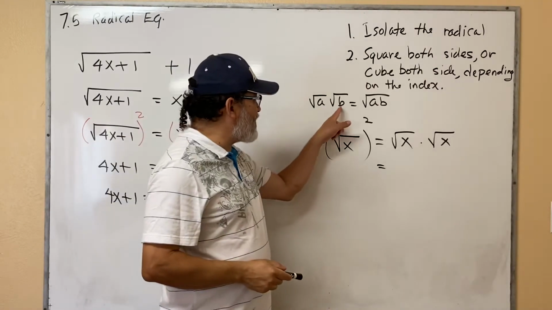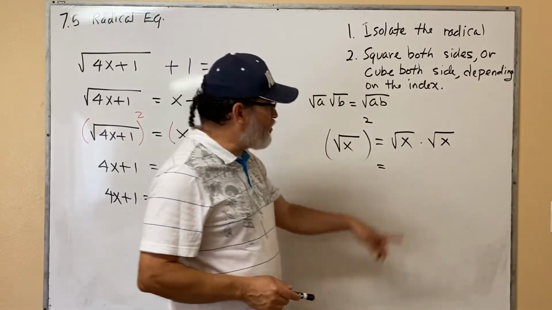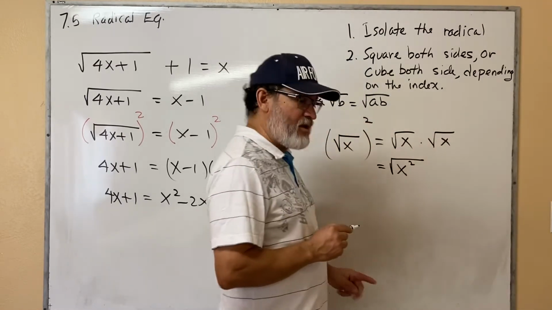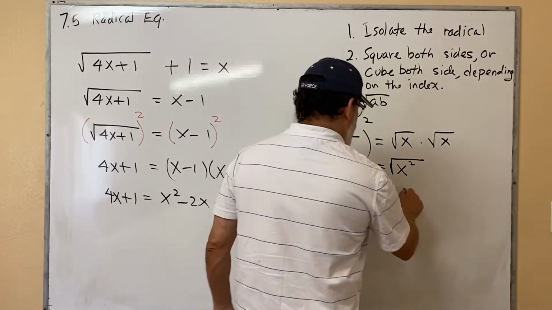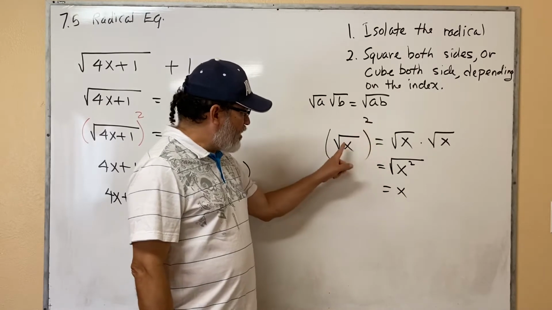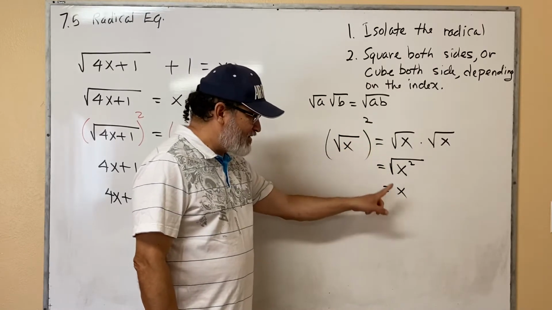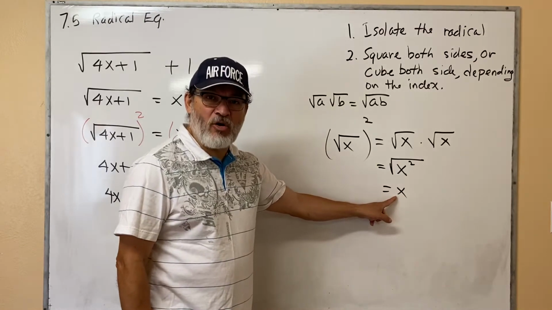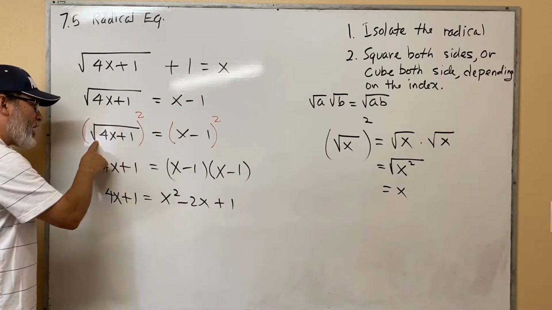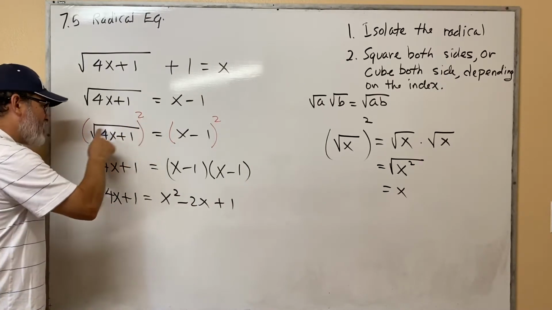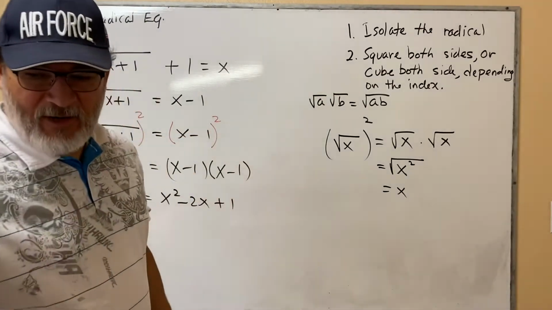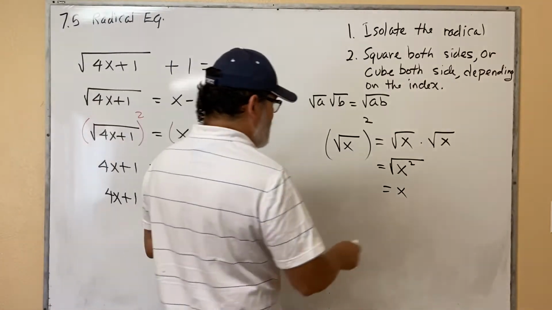So you multiply ab and you keep the radical. So we get the square root of x squared. And what is the square root of x squared? Isn't that just x? So therefore, when you square the square root, the radical goes away. And that's how this radical went away. And there's the proof right there. Okay? All right.